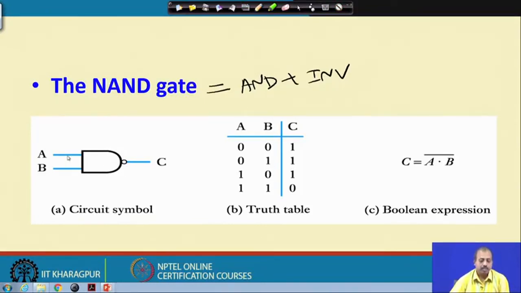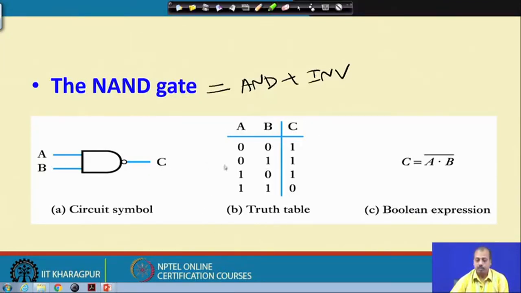As the name suggests, the output will be equal to 1 whenever the AND gate output is 0. AND gate output is 0 whenever any of the inputs is equal to 0. So, in terms of the NAND gate, whenever any of the inputs is 0, the output will be equal to 1, and only when both the inputs are equal to 1, the output will be equal to 0.